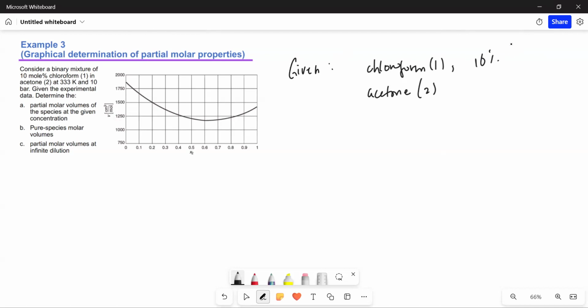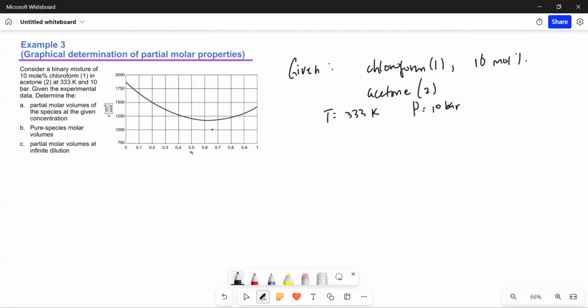Then the temperature and pressure are not really important at this point because we're already given the experimental data at this temperature and pressure, but let's write that. That's about the given values in the problem.